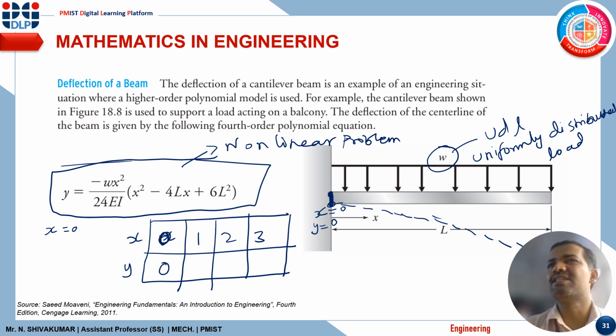Likewise, when you take engineering, most of the problems are non-linear by nature. Very simple problems are linear by nature. Say for example, if you take your bone, bone is highly porous in nature.